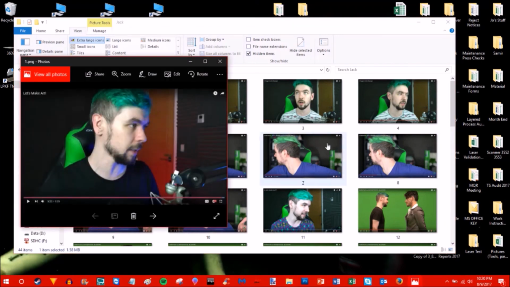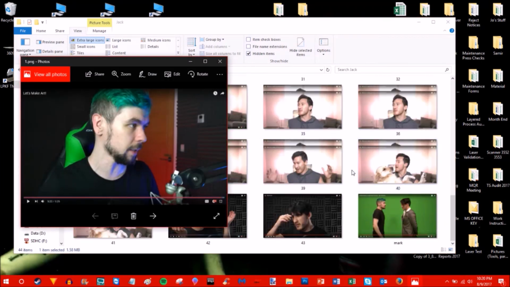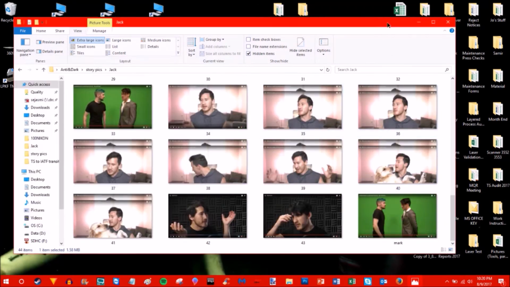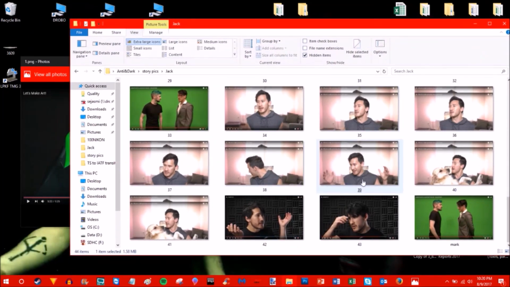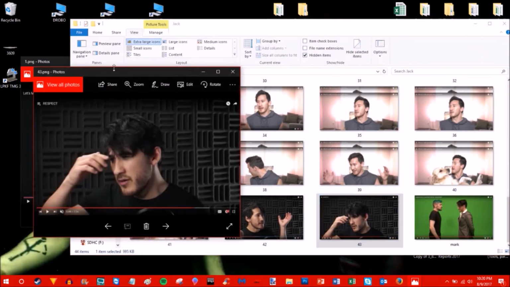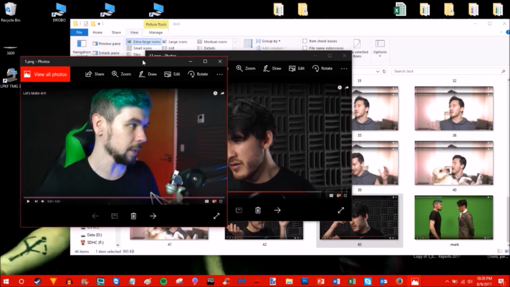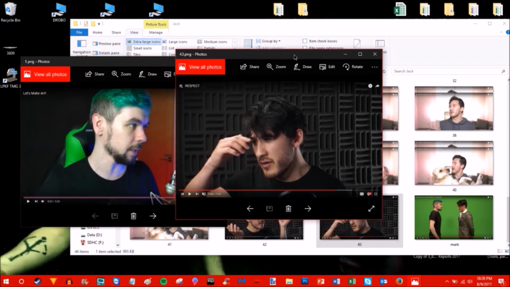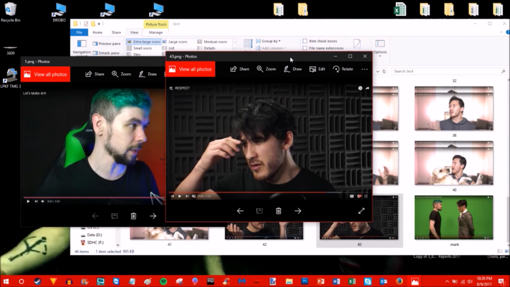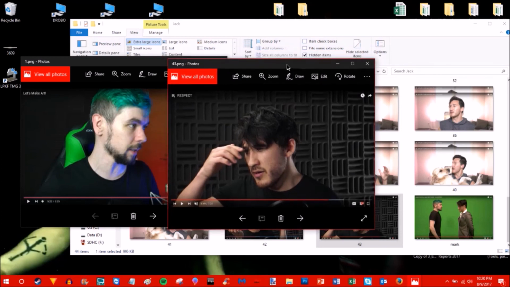Let's see, I also have this one, and let's see this side view, this angle. It really does take a lot more than just throwing two pictures on in Photoshop. You really have to take time.